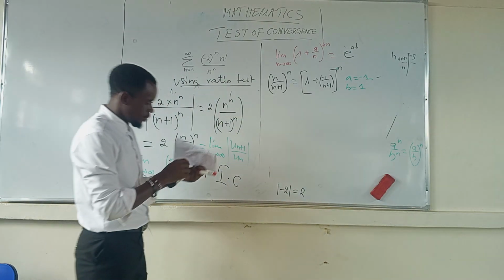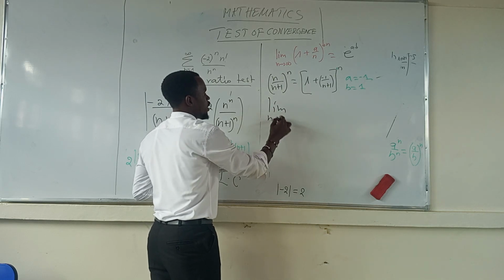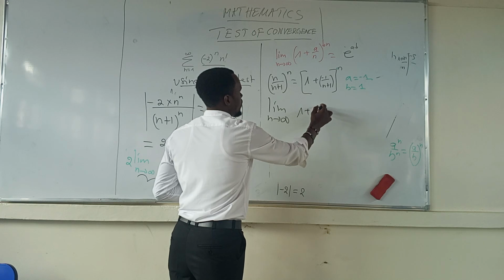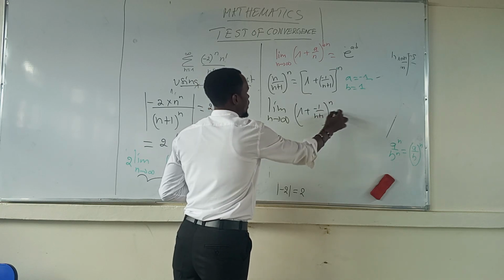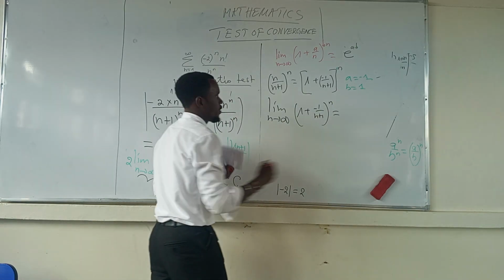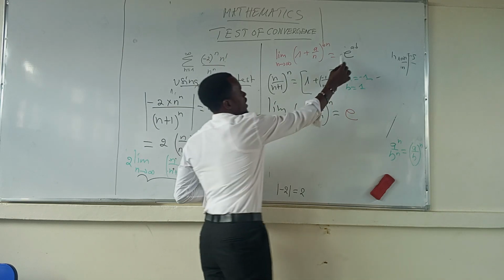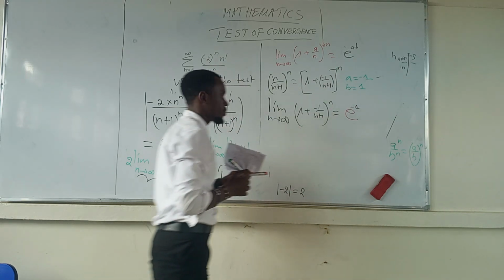In other words, the limit as n tends to infinity of 1 plus -1 over n plus 1, to the n, is equivalent to e power a times b, and a times b is going to be -1.